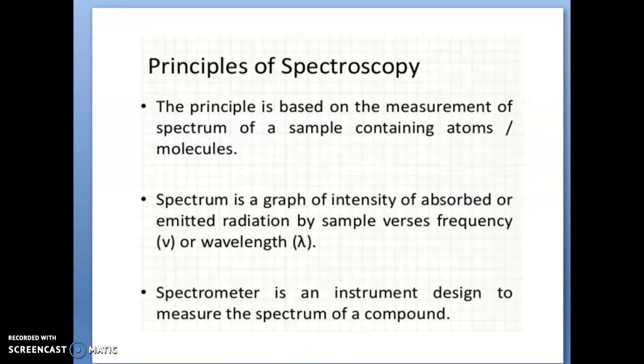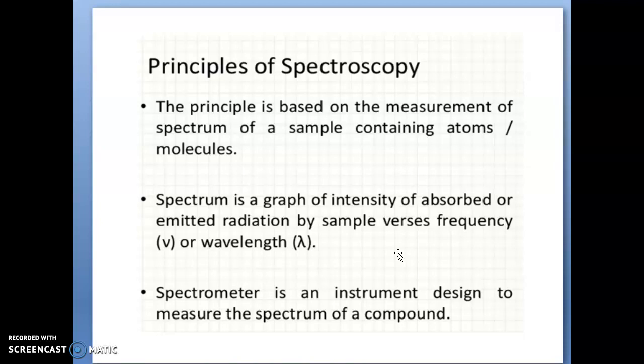Then what is the principle of spectroscopy? Spectroscopy is based upon the measurement of the spectrum of a sample containing atoms or molecules. This sample can be any compound containing atoms or molecules, and the measurement is of the intensity of absorbed or emitted radiation.